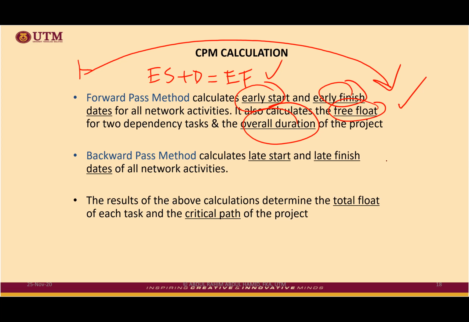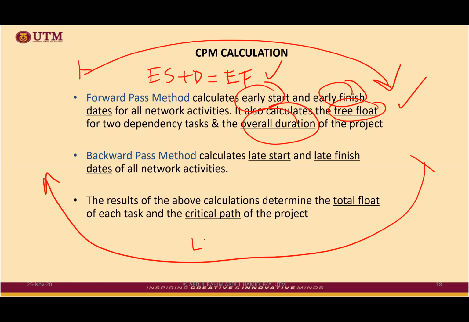Backward pass is the calculation from the right until the beginning. What you are going to get is late start equivalent to late finish minus duration. And remember, for forward pass, you take whichever is the bigger value when there are connecting arrows that go into the nodes.